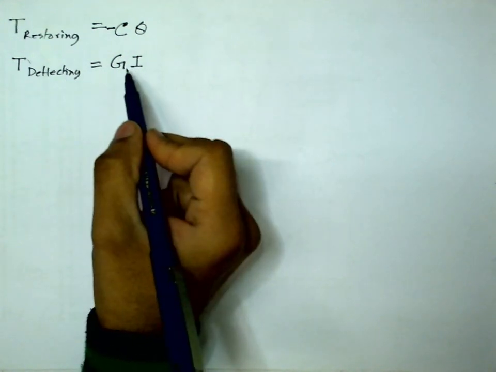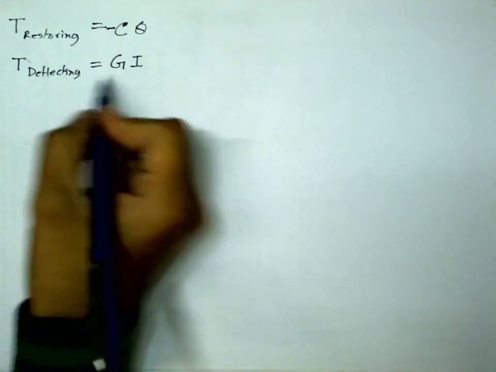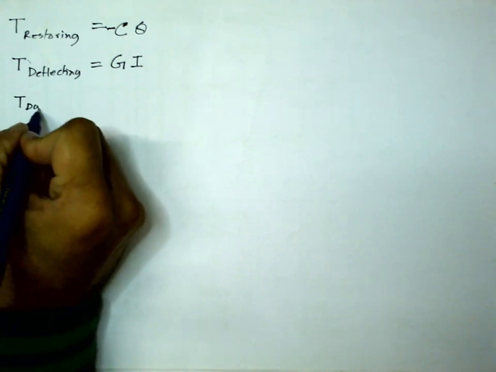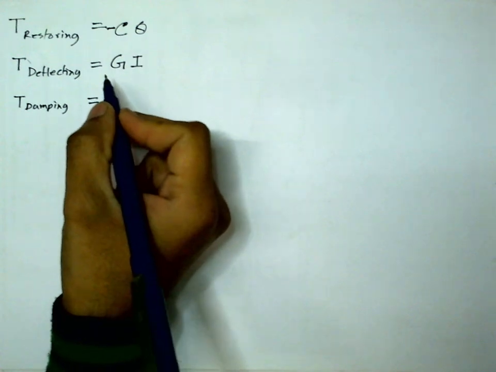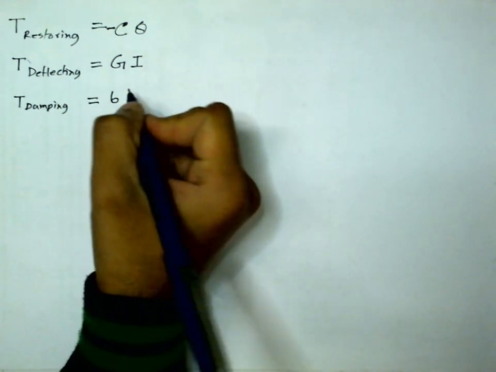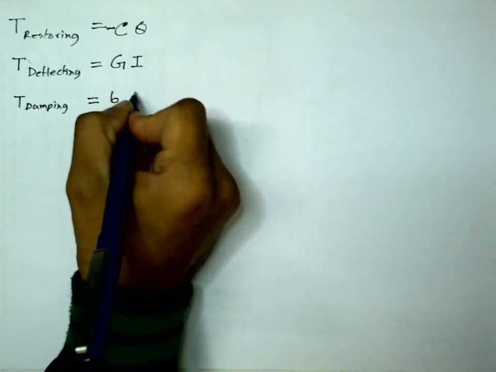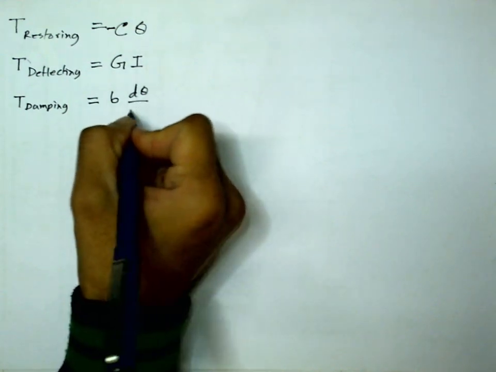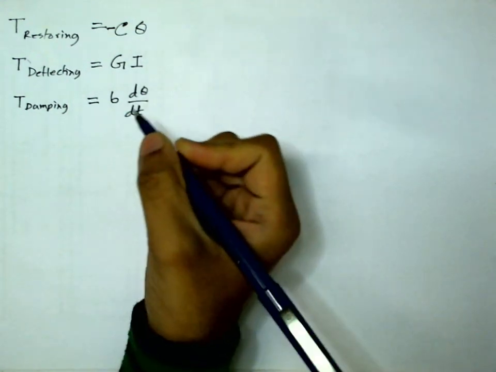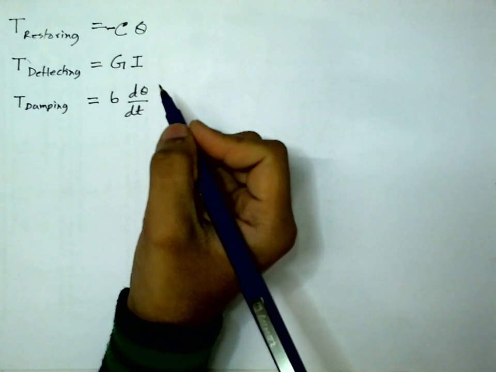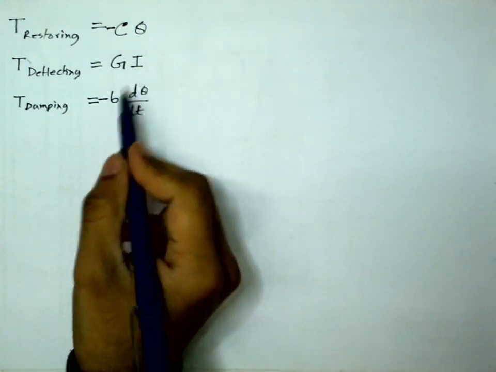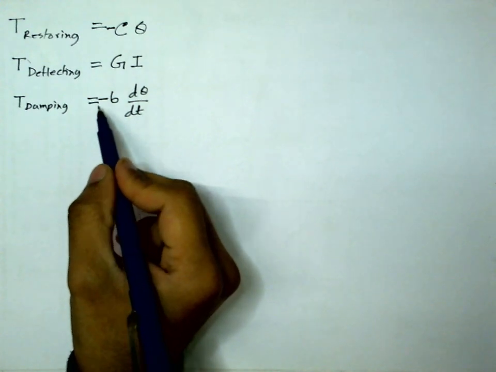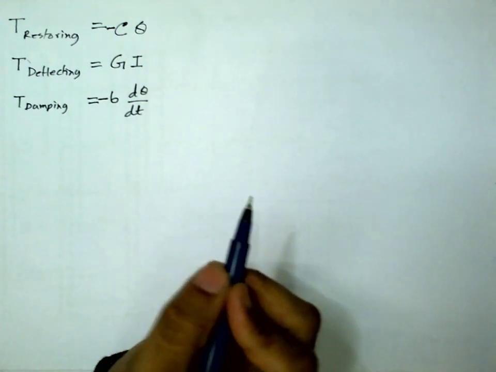And T damping will be some constant, let me call it B, multiplied by the angular velocity of the coil, and this will again act in the direction opposite to the velocity. It always tries to stop the velocity, so I'll use a minus sign.